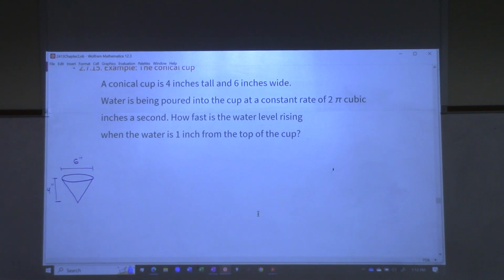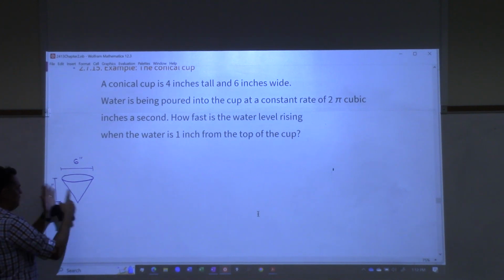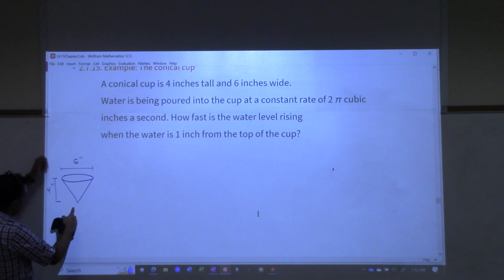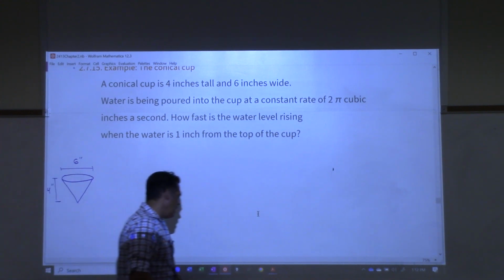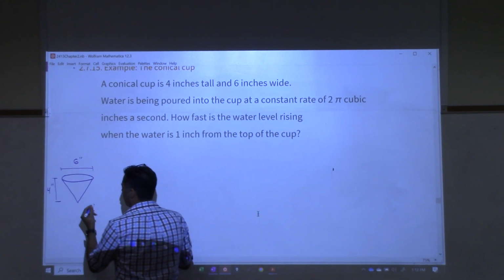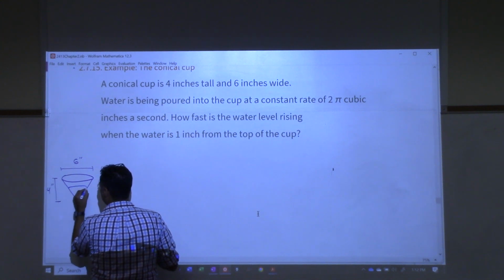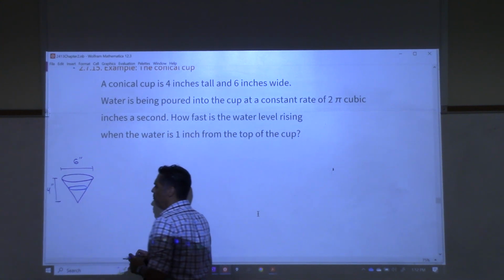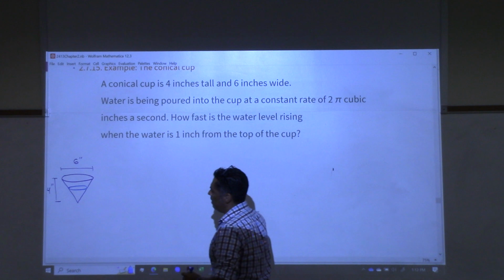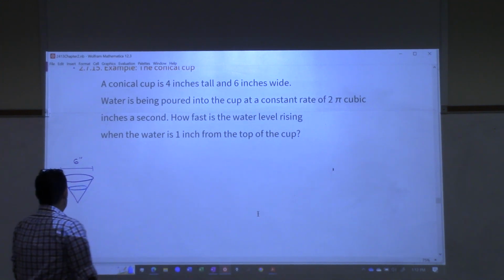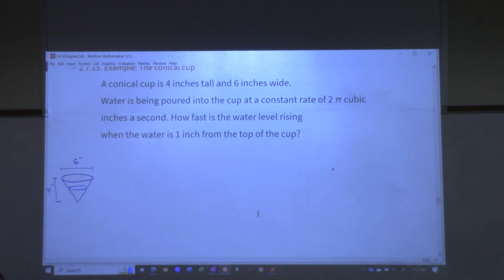So you have to see if you can visualize. You've got this cup, this is fixed, nothing's moving here, but we're pouring and water is coming up. So we've got this water level in here. That's some water, water's being poured in. That's the best I can do with my picture. I want to know how fast the water level is rising.